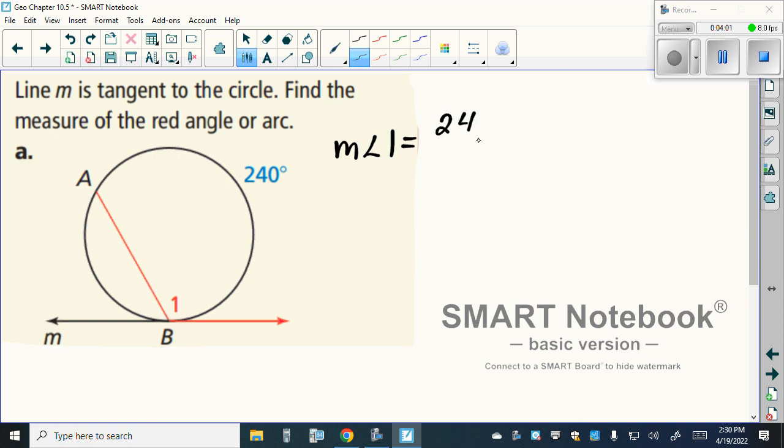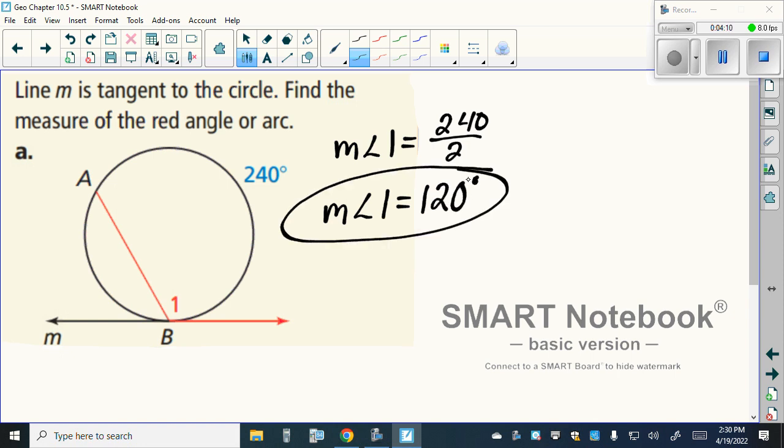We can take 240 and divide it by 2. So here the measure of angle 1 is 120. Are we ready for the next one?